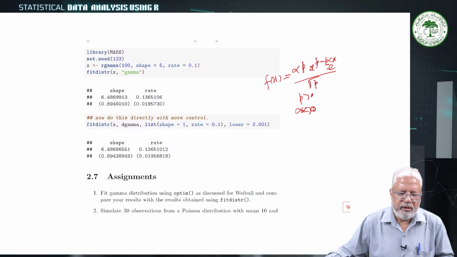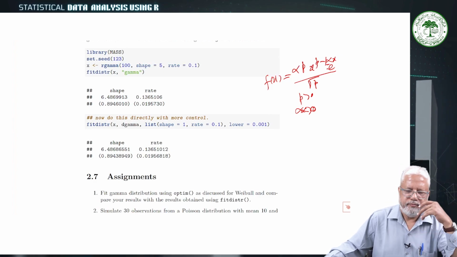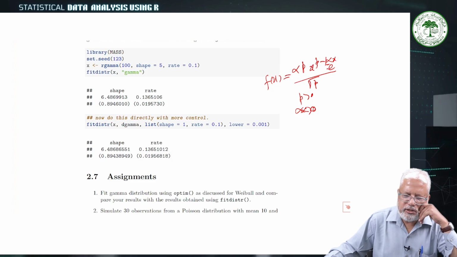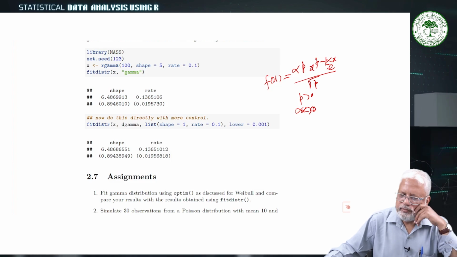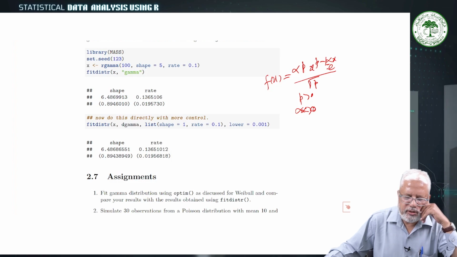Assignment: fit gamma distribution using optim as discussed for Weibull distribution and compare your results with those obtained using fitdistr.